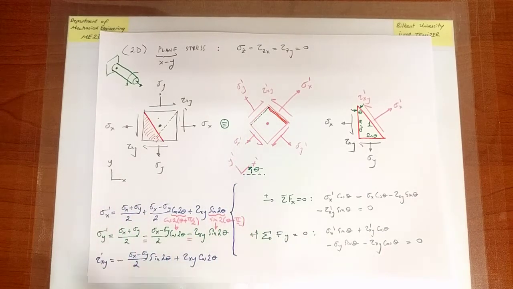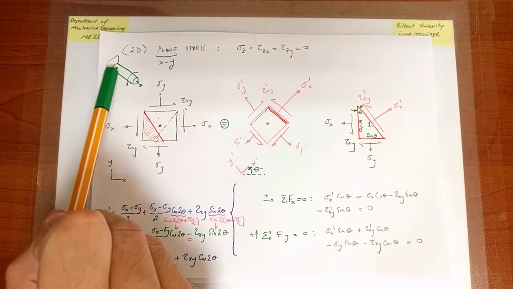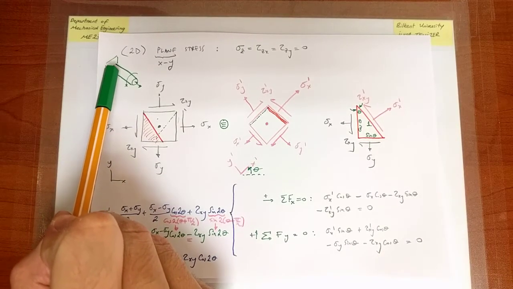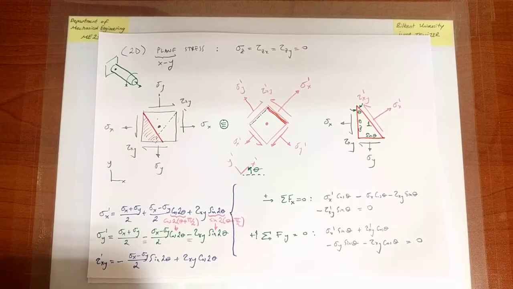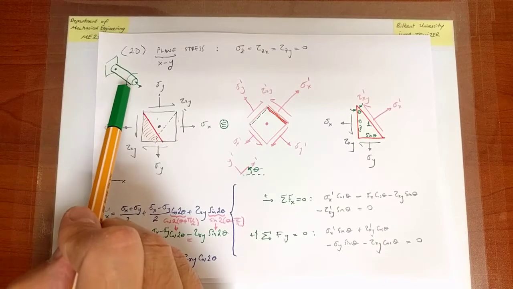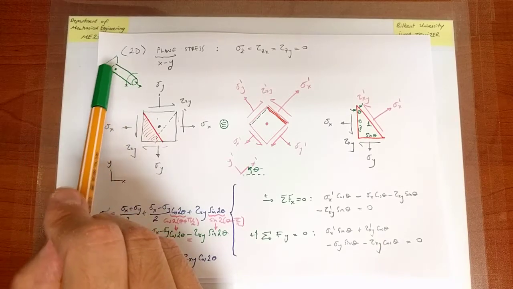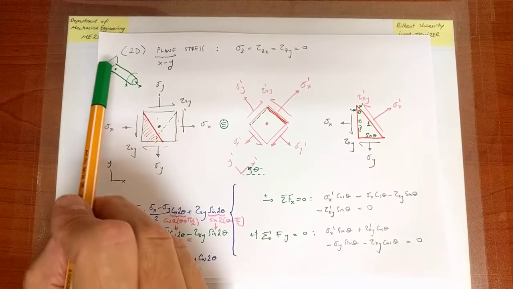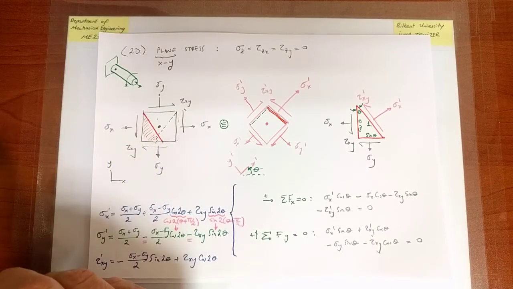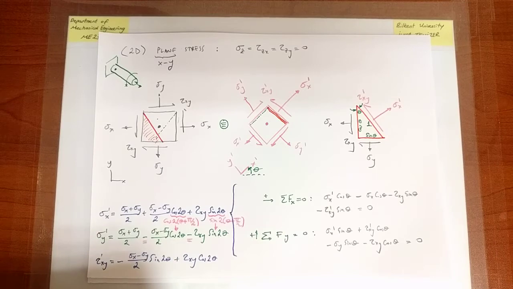However, I'd like to be able to do that. Remember why? Because our motivation is eventually the following. Suppose I know that this point in the structure is a critical point, and I would like to determine whether failure occurs there or not. And I know, for instance, that this is a metallic material, so it's going to fail if at that point the shear stress exceeds a certain value.